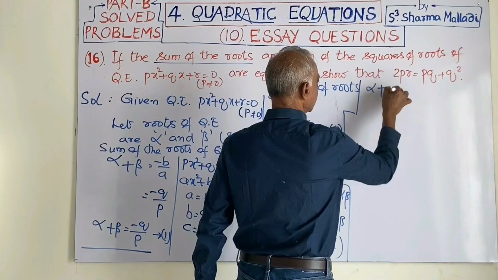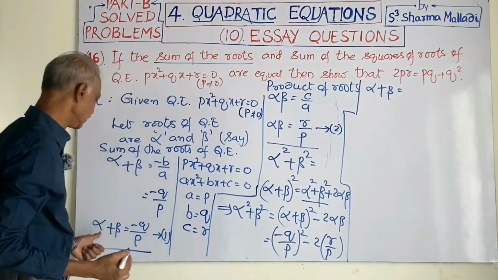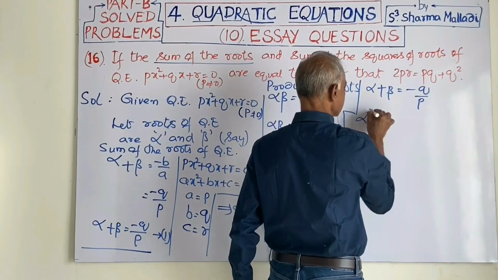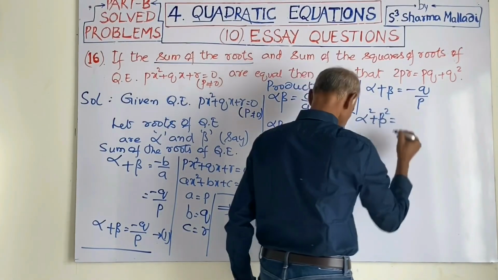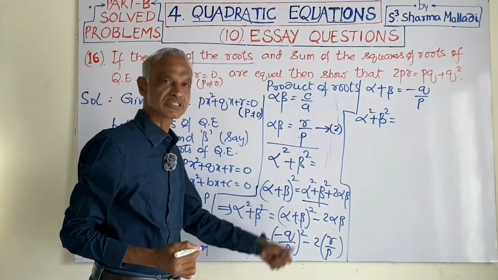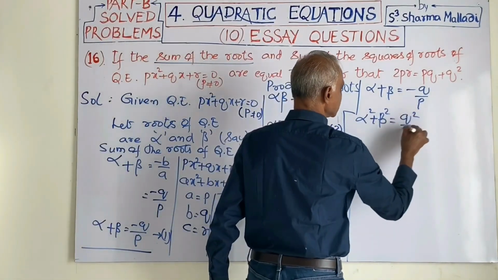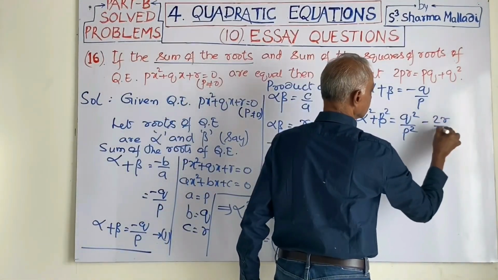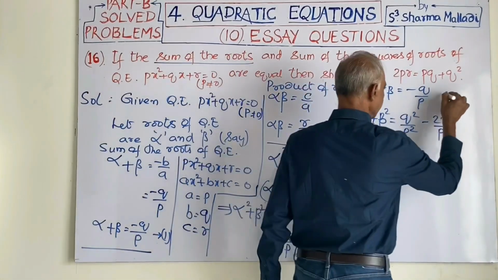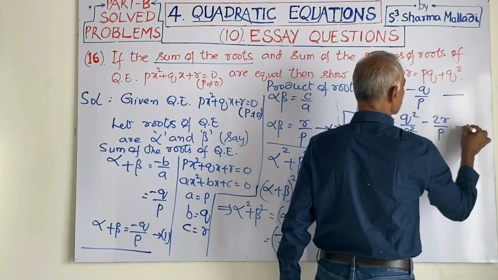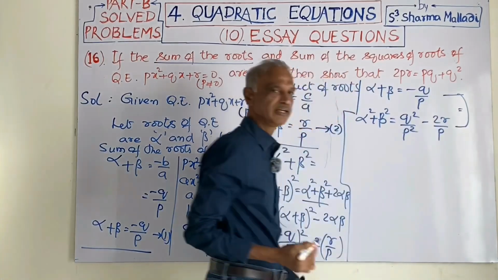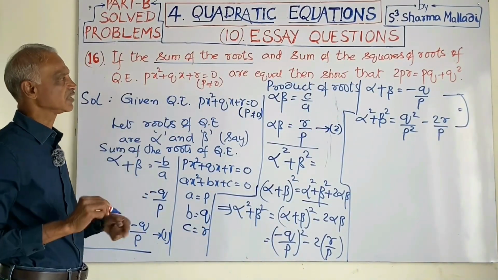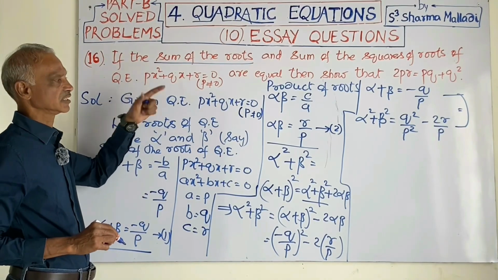Now you see, alpha plus beta is equal to minus q by p and alpha square plus beta square is equal to minus q by p whole square, means q square by p square, minus 2r by p. Now he is saying that these two are equal to each other. The sum of the roots and sum of the squares of the roots of this quadratic equation are equal.